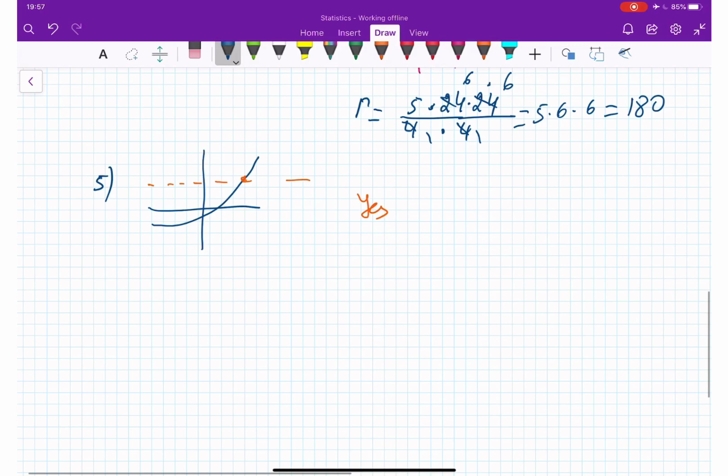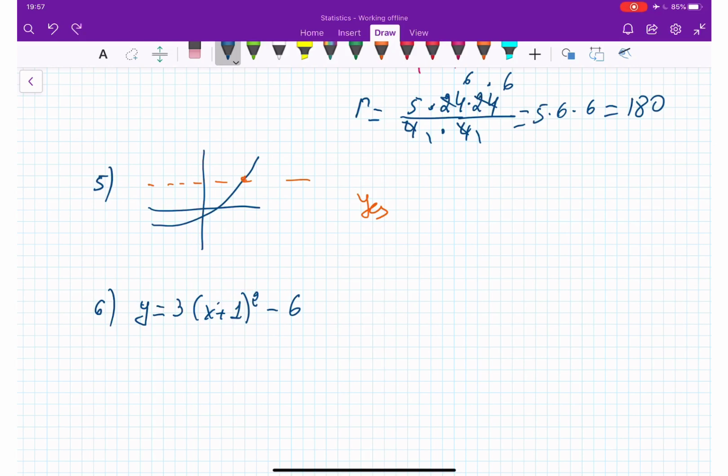Number 6. Now algebraically we can figure out if this is one-to-one or not. 3 times x plus 1 squared minus 6. Look here, if I open this parenthesis, x plus 1 squared, I'm going to get x squared, right?